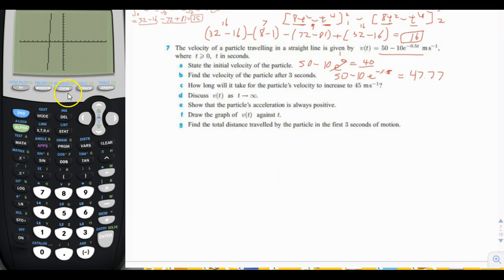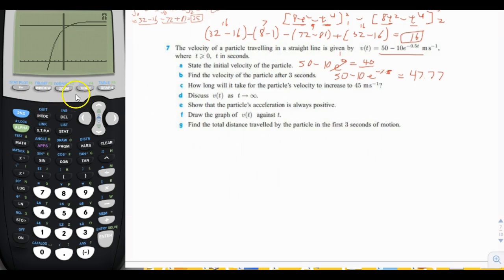To get both of them on the screen, let's do a window, and make sure that the y max is at least 60 or so, because remember our horizontal line is at, let's see, 45. Now let's graph it. Okay, so there is our velocity function, and there is our velocity equals 45 line.